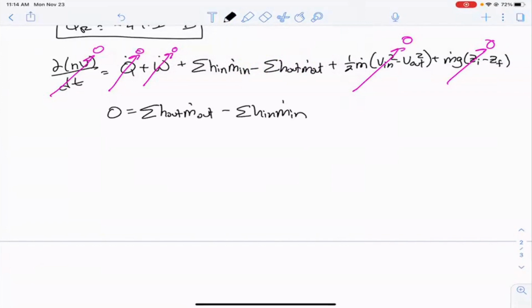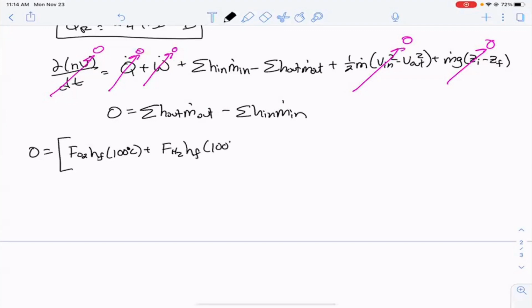And if we think about what is going in the box and what is leaving the box, well, leaving the box will be some flow rate of oxygen, right, at 100 degrees C, then plus some flow rate of hydrogen, also at 100 degrees C, plus, because we're feeding air, some flow rate of nitrogen at 100 degrees C, okay?